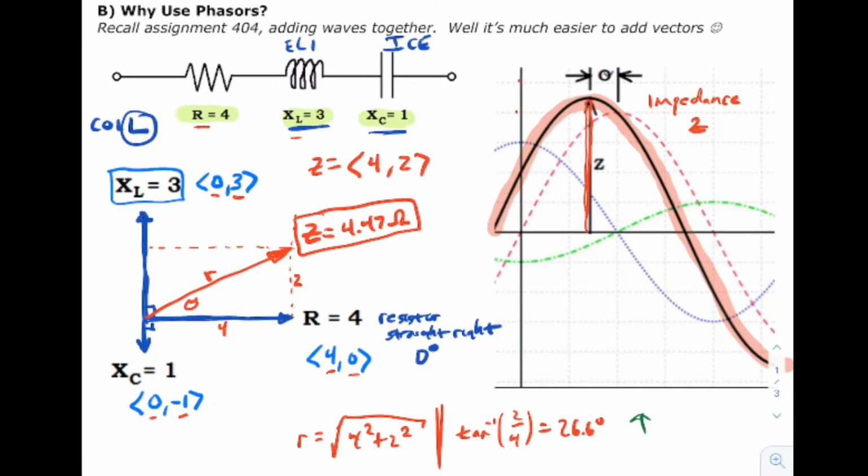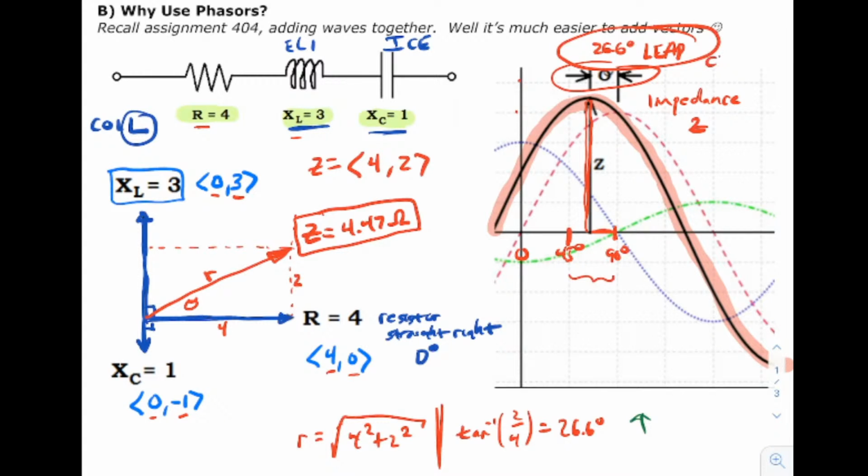Now if you try to read here, remember this is 0, 45 degrees, 90 degrees. So this is a little more than halfway from 90 to 45. You know, this is a width of 45 degrees, and so half of that's about 20. So yeah, that is just about a 26.6 degree lead.